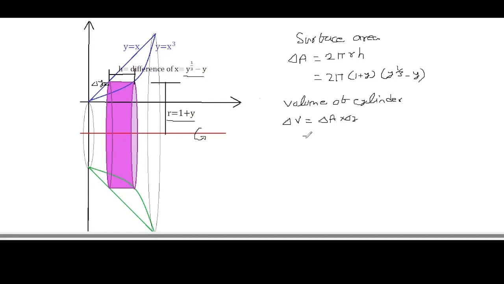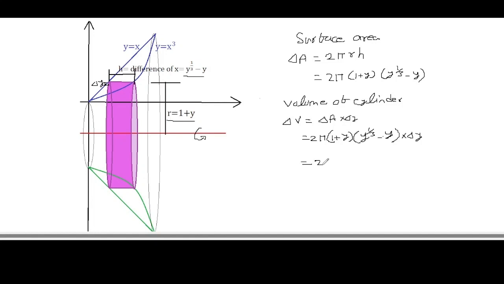Substituting the values, we are going to get 2 pi into 1 plus y into y to the power 1 by 3 minus y into delta y. We can expand it to get a simplified value.